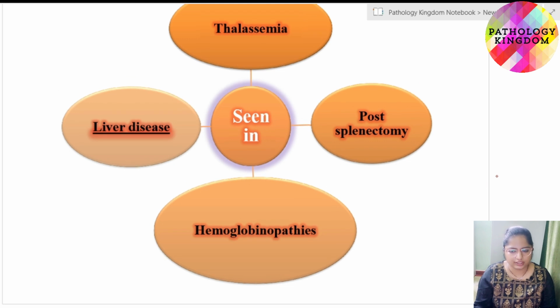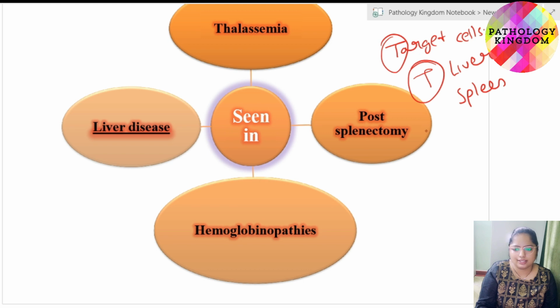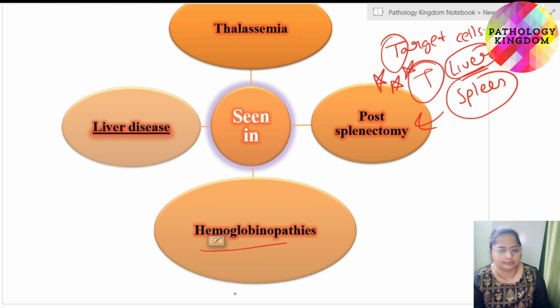Now, what are the examples? Target cells, then liver and spleen. T is for thalassemia. This is the important cause. And then liver disease, spleen, post splenectomy. And the other one is hemoglobinopathies.